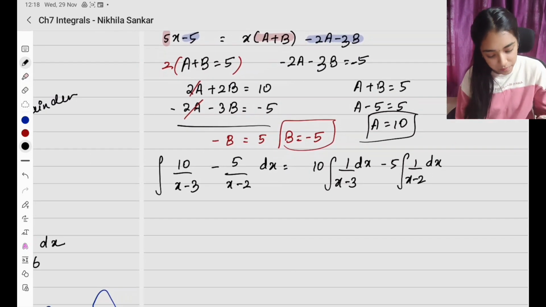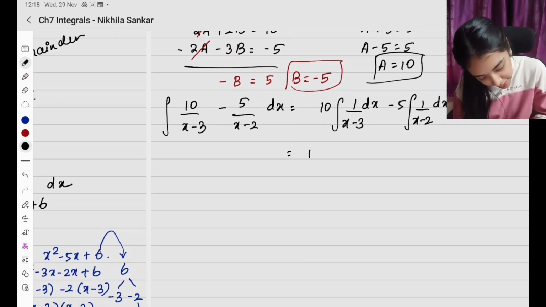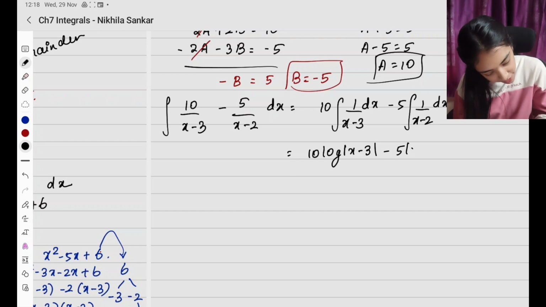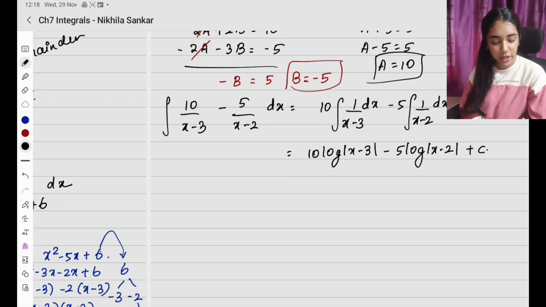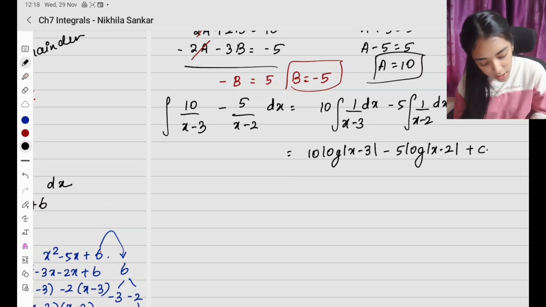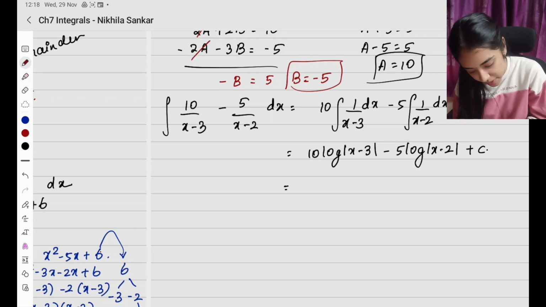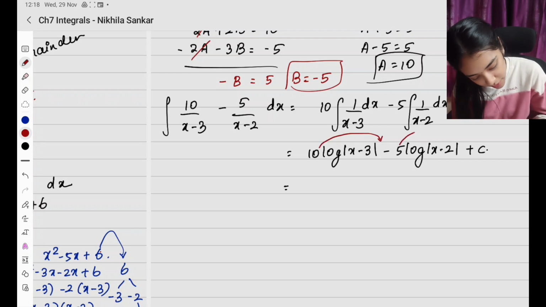Okay, understood? So now this is going to be 10 log mod x minus 3 minus 5 log mod x minus 2 plus c. The integral of 1 by x minus 3 and 1 by x minus 2 is going to be log. So I can move the multiplier to the power, right? This 10 can go to the power, 5 can go to the power.